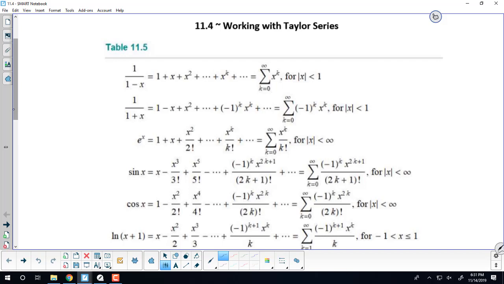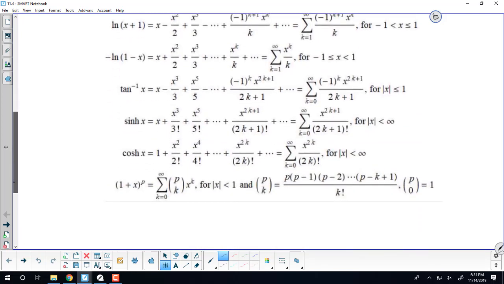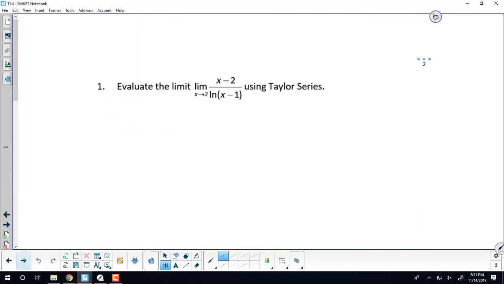So we finished 11.3 last time. We're going to start with 11.4 today. It's our last section in our unit. This section deals with applying Taylor series to do calculus stuff.